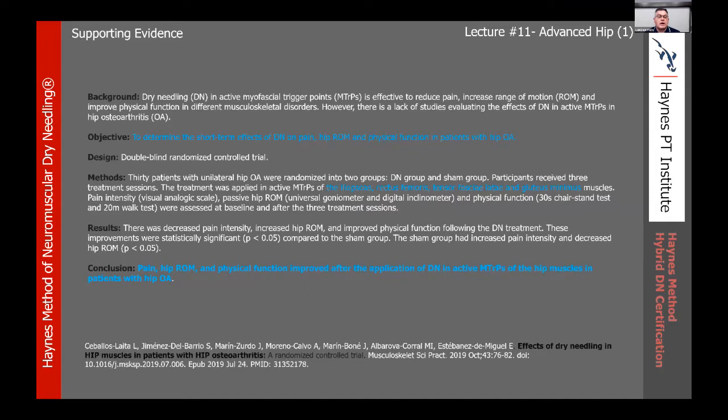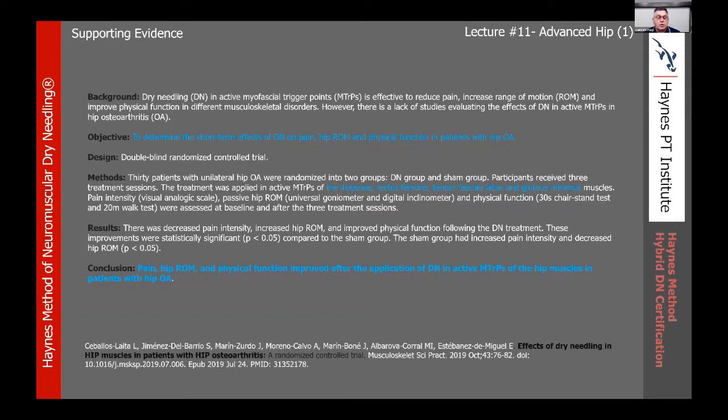They took 30 patients, randomized into 2 groups, a DN group and a sham group. For the DN group, the muscles that they dry needled were the iliopsoas, the rec fem, TFL, and gluteus minimus. Actually, I would have changed that up just a little bit, but that wasn't my research study.